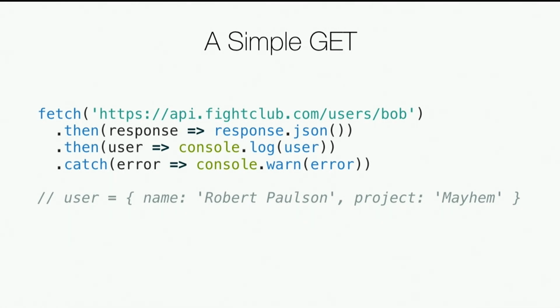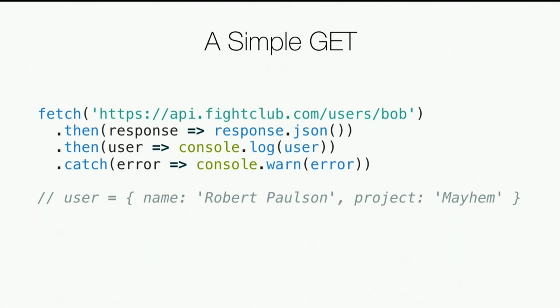And then whenever that server gets back to us, we say .then, that response that we get back, parse it as JSON. We know that this server is going to return us some JSON, so we're going to go ahead and parse it. .json is, again, just something that's available to you. You don't have to import that. So that makes it into an actual JavaScript object for us.